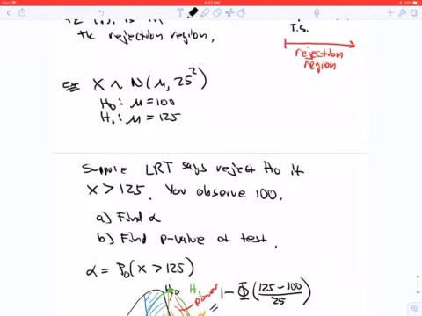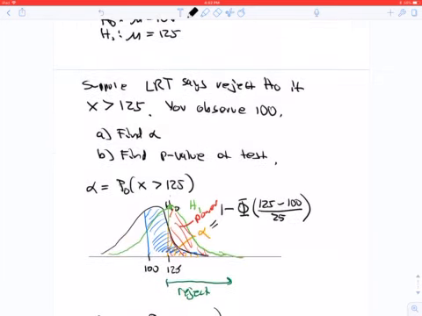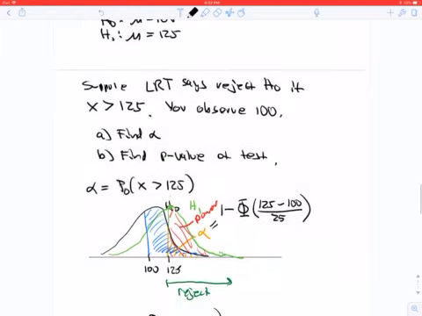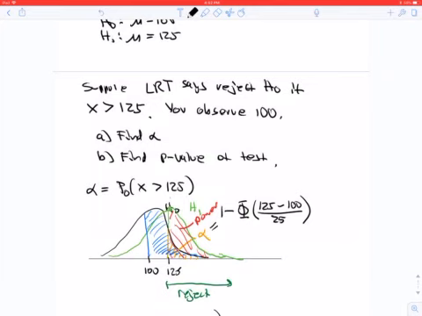Let's take a look at an example here. Say that x is normal with mean mu and standard deviation 25. Our null is that mu is 100, and our alternative is that mu is 125. Then the likelihood ratio test says reject the null if x is greater than 125, and you observe 100. So let's find alpha.